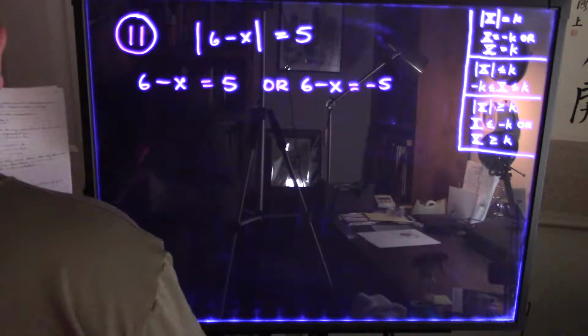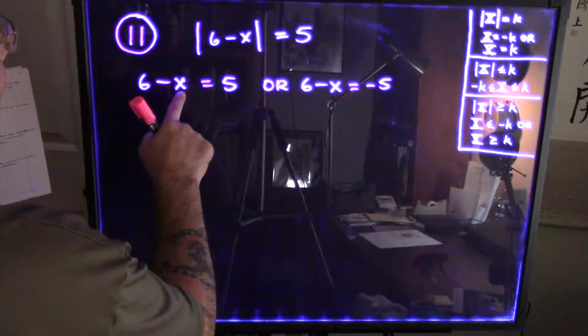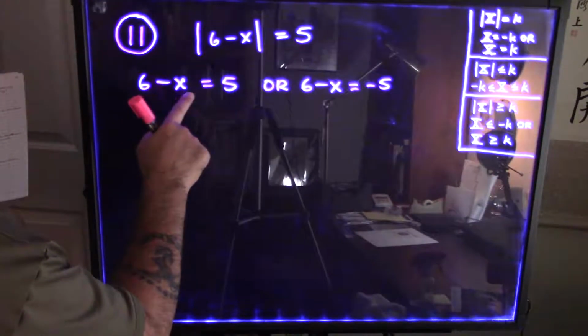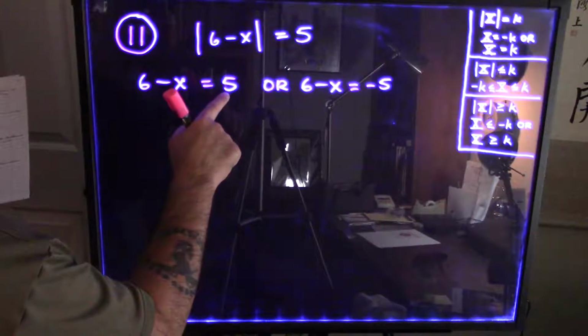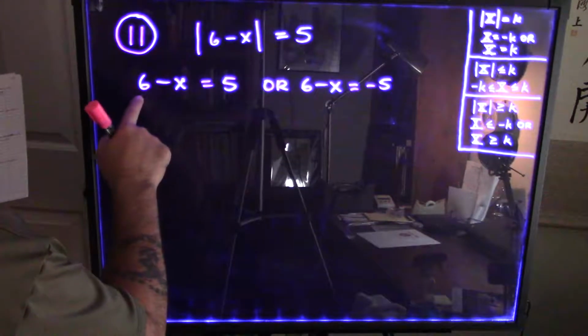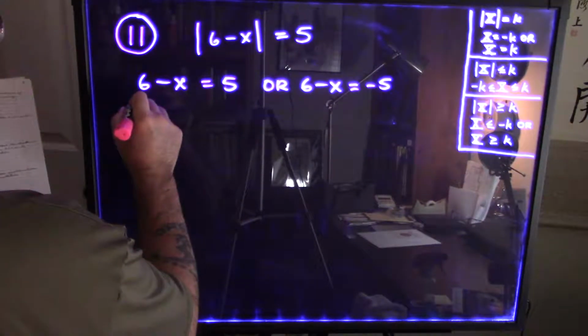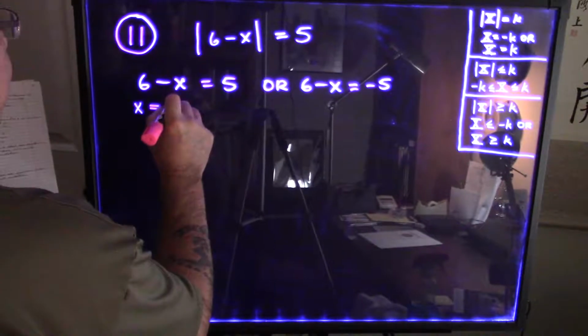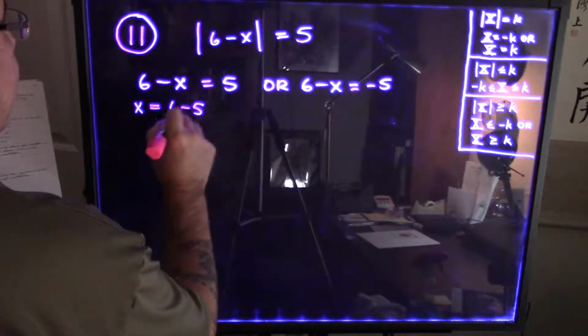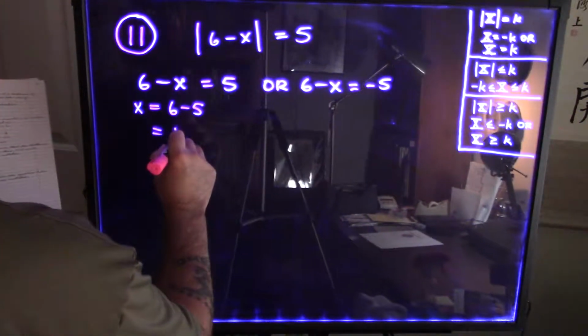So you can think of moving the negative x over to here, make that positive x, transpose the 5 to here, make that negative 5. So you're going to have x is equal to 6 minus 5, or 1. All right?